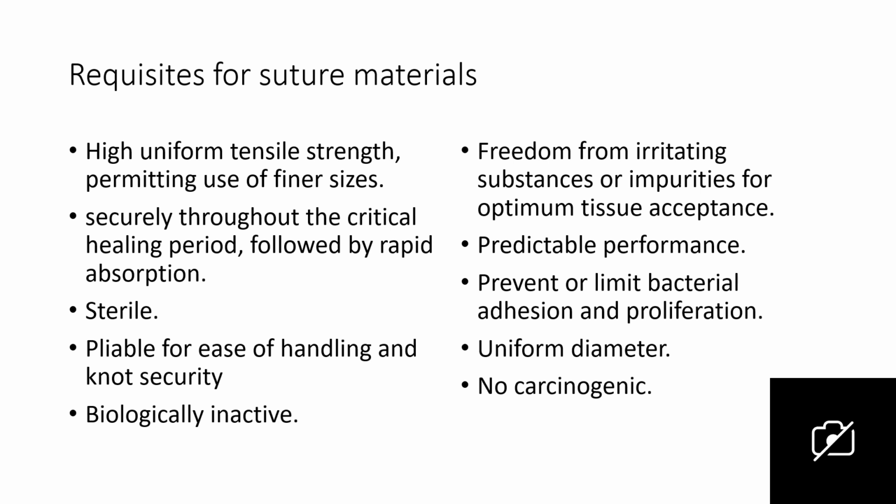Biologically inactive, with freedom from irritating substances or impurities for optimum tissue acceptance. Predictable performance, where we can predict the form of the material we use is suitable. Prevent or limit bacterial adhesion and proliferation. And it should also have uniform diameter and should be non-carcinogenic and non-allergic.